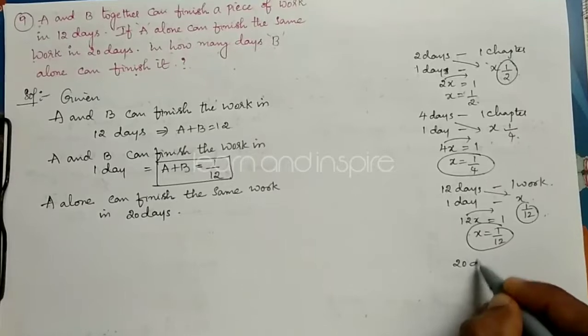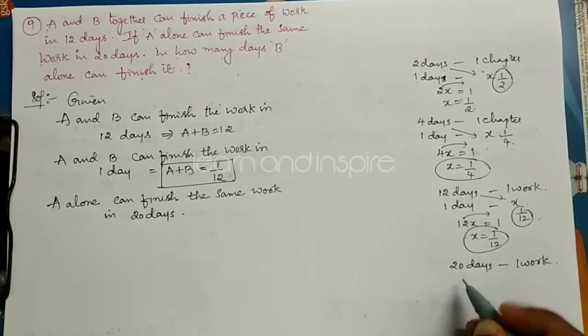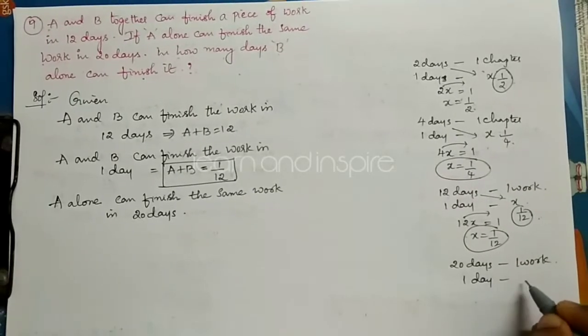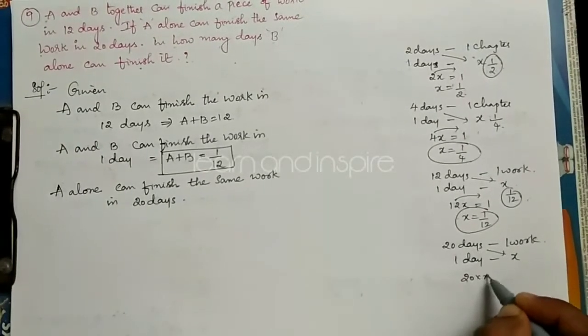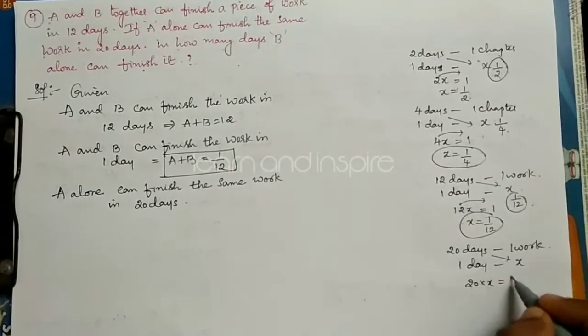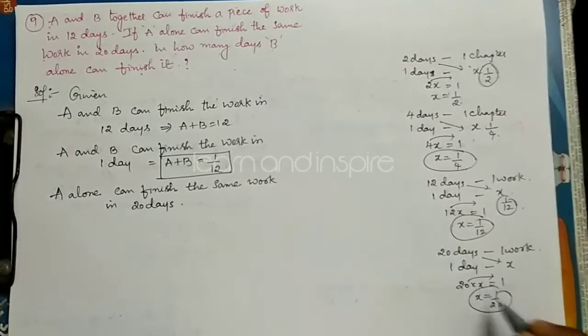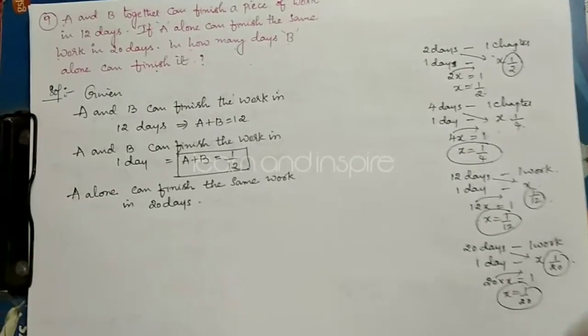So 20 days he takes to complete the work. Now in one day how much work does he complete? So I take this as x and cross multiply, 20 into x is equal to 1 into 1 is 1. Transpose 20, x is equal to 1 by 20. That means he can complete a 1 by 20th part in one day.